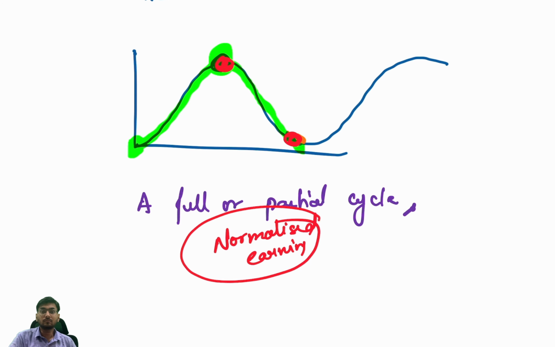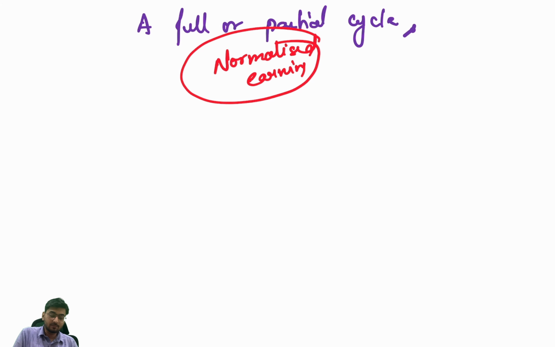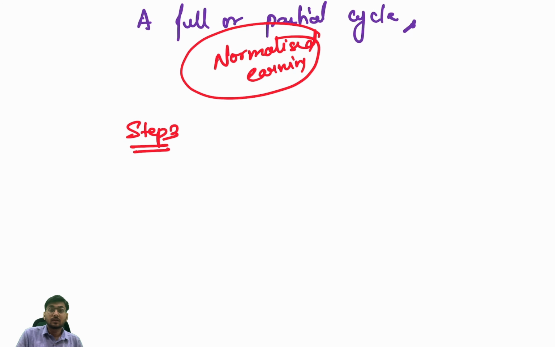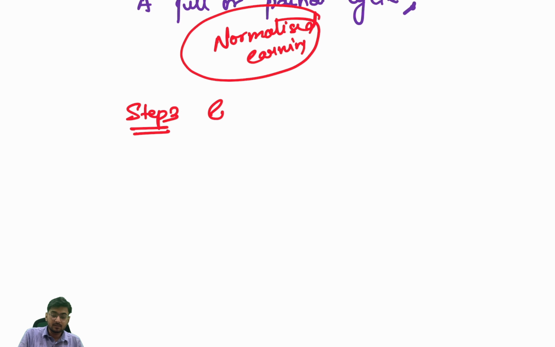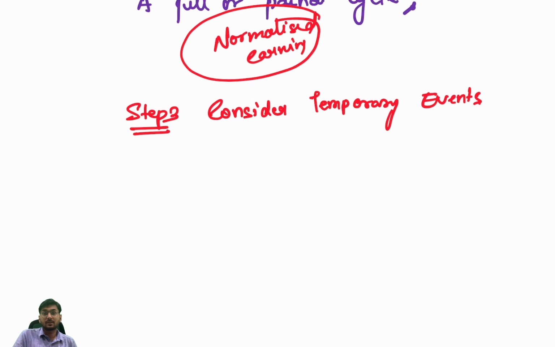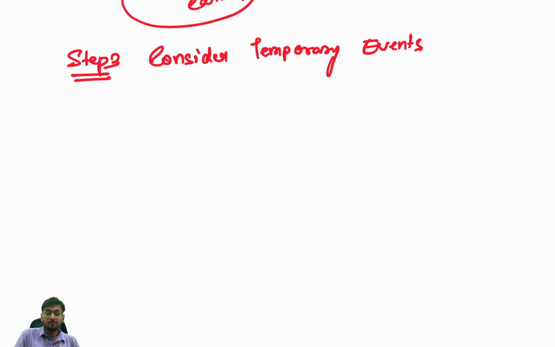Clear? Now coming to step 3, consider the temporary events. Sometimes big events happen like mergers, acquisitions, restructuring, regulatory reforms.